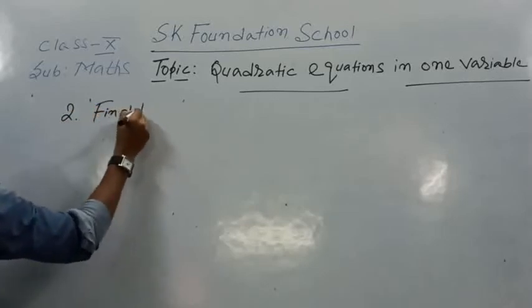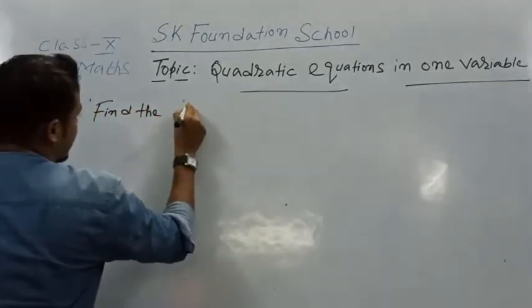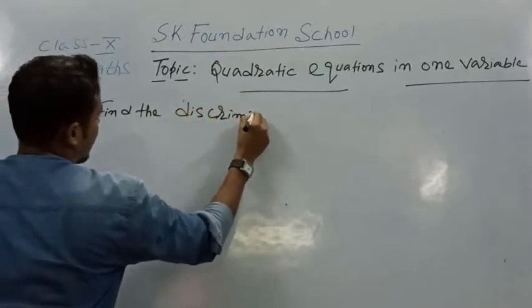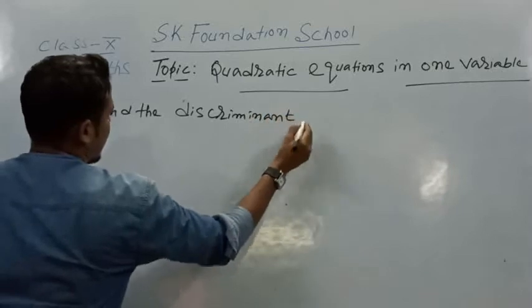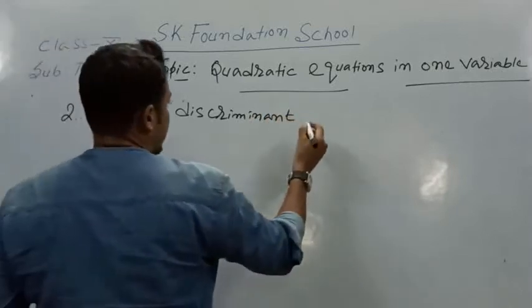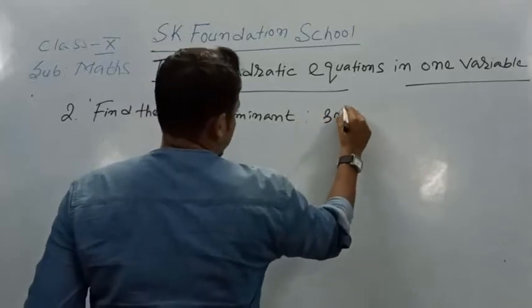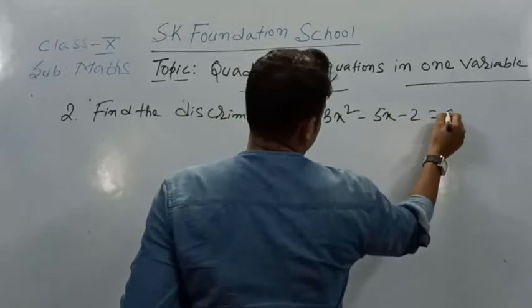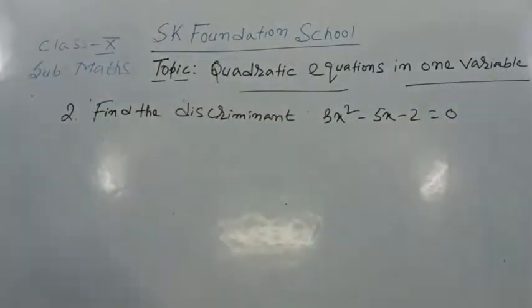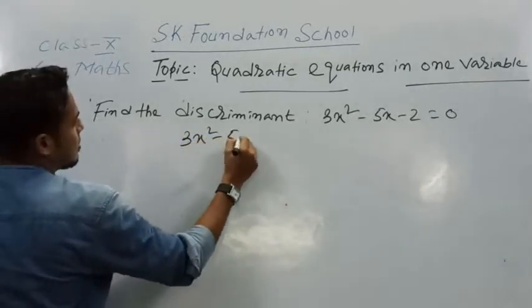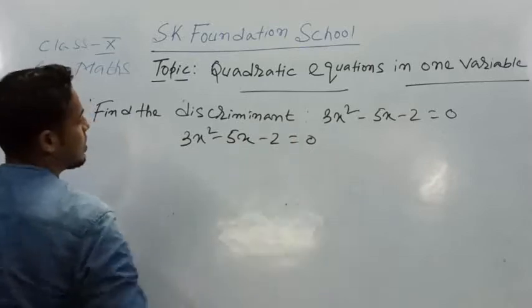The equation is given: 3x square minus 5x minus 2 equals 0. This is our equation. Find the discriminant, that means D.